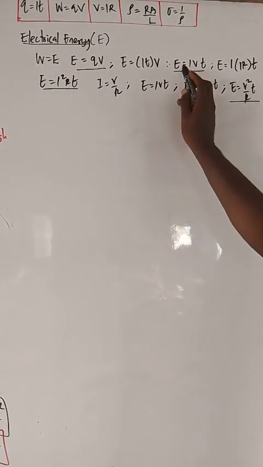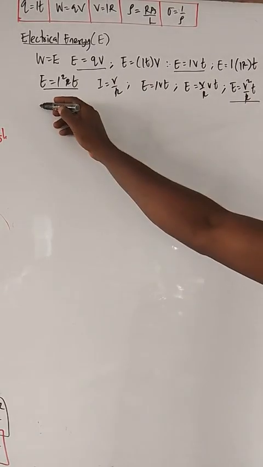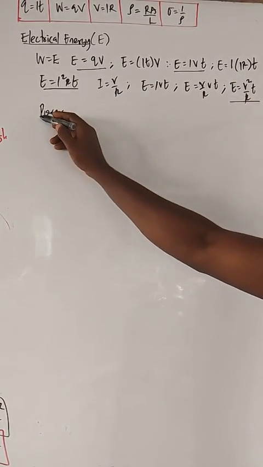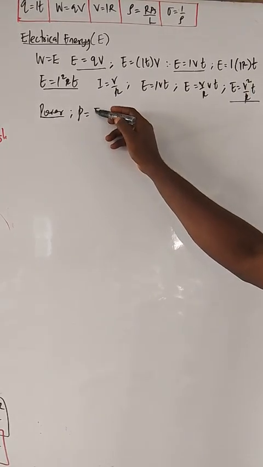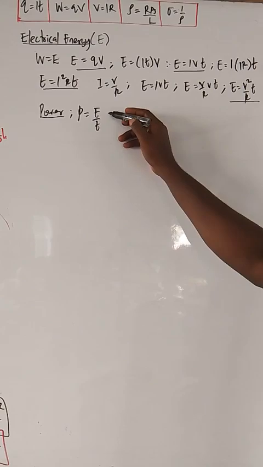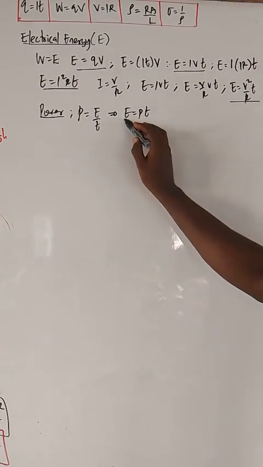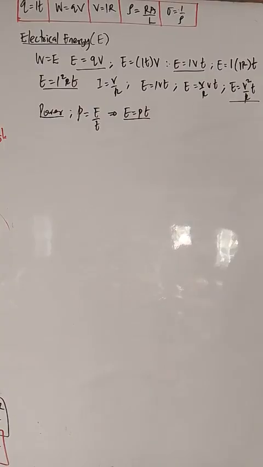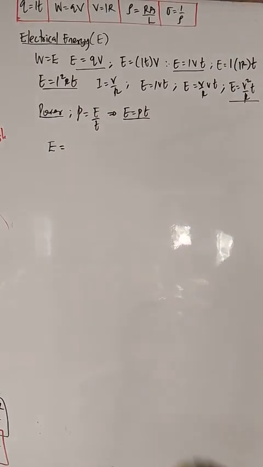From here, we got this, making four formulas. Then in terms of electrical power, we know that power, P, is the rate of work done, or rate at which energy is expended. From here, if you multiply, energy goes to PT, energy in form of power. So in total, we can say electrical energy, in terms of charge, is QV.